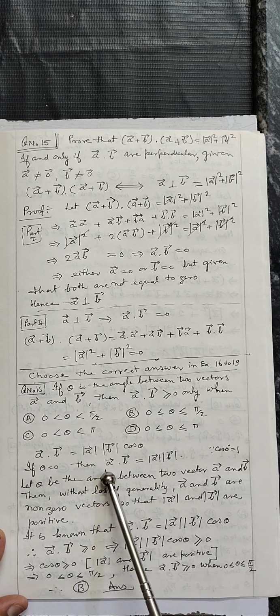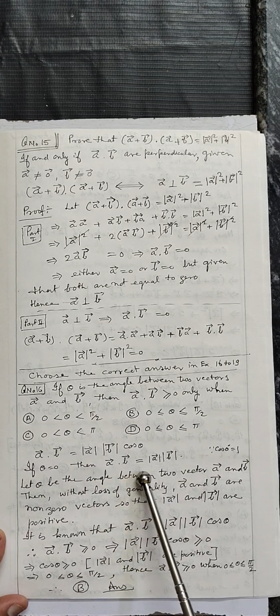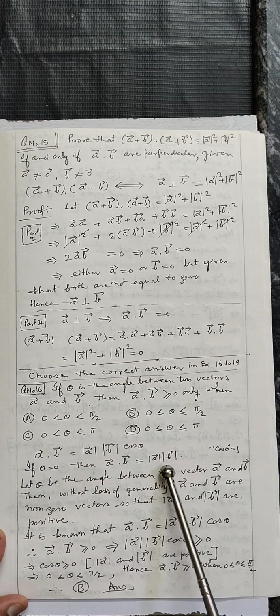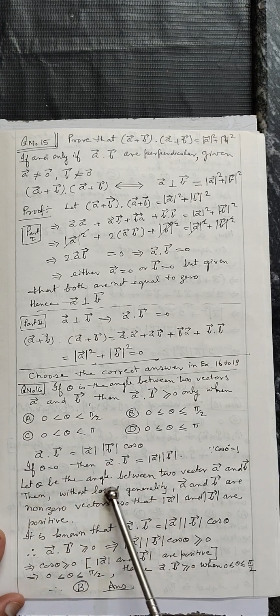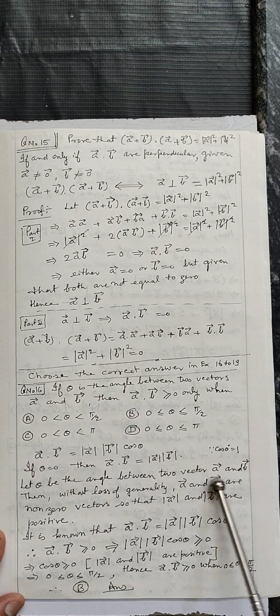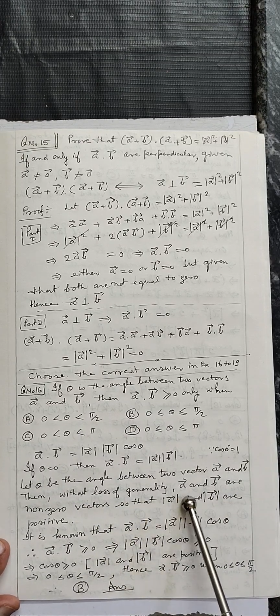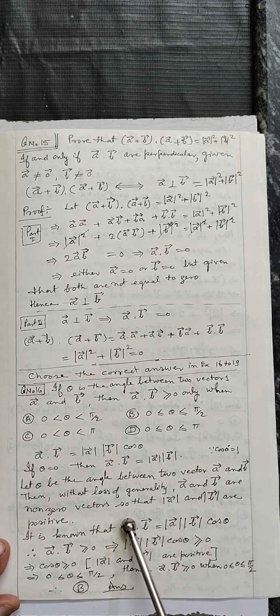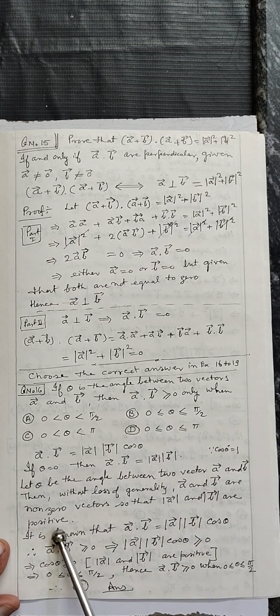Then the dot product of the two vectors will be equal to the product of the magnitudes of vectors A and B. Let theta be the angle between the two vectors A and B. Then without loss of generality, vectors A and B are non-zero vectors, so that the magnitudes of A and B are positive.